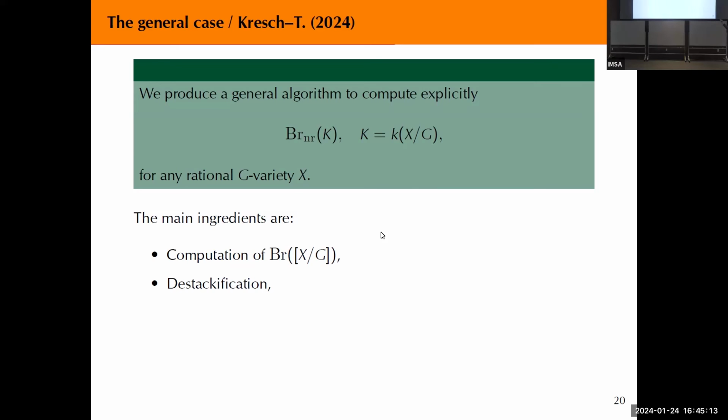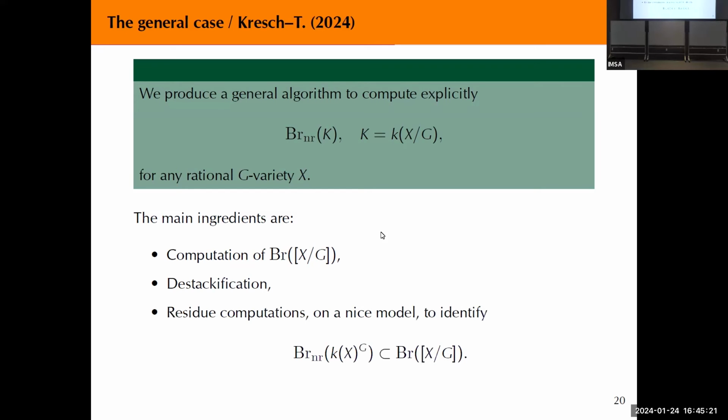In general, of course, we look at the quotient of G, so I have a singular sort of representation space and so on. And then to find the unramified Brauer group of the field of invariants, you have to perform some residue computations on this nice model, and in particular extract an unramified Brauer group from the Brauer group of the quotient stack.